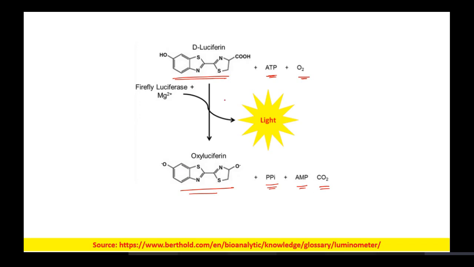During this process, there is a generation of light. This oxidation process is catalyzed by the luciferase enzyme and magnesium ions. So the main reason for the emission of light is that D-luciferin is being converted into oxyluciferin, and in the process of this conversion, light is generated.